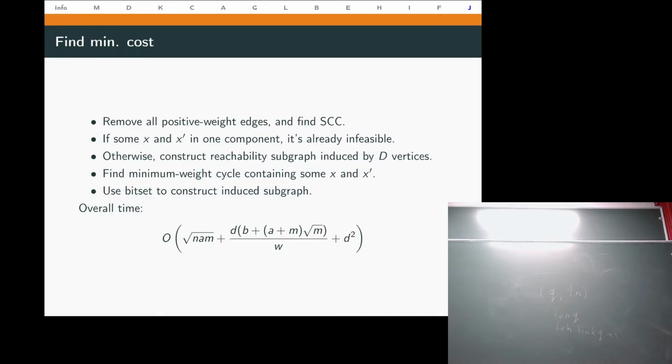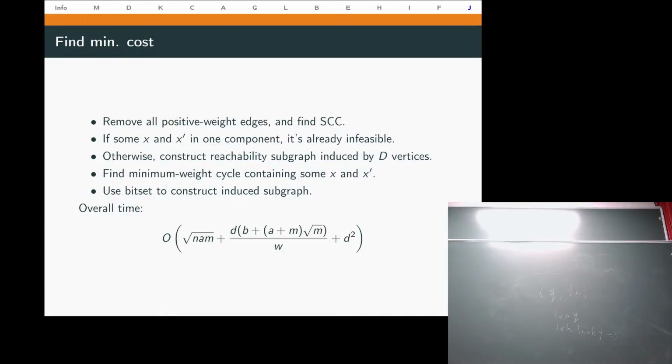So for every pair of vertices that corresponds to the D type constraints, we check whether each such vertex is reachable from every other vertex of type D, and we add an edge if it is true in the corresponding induced subgraph.